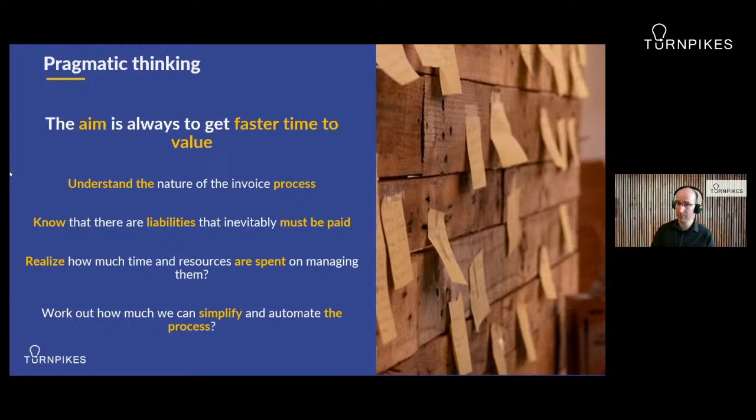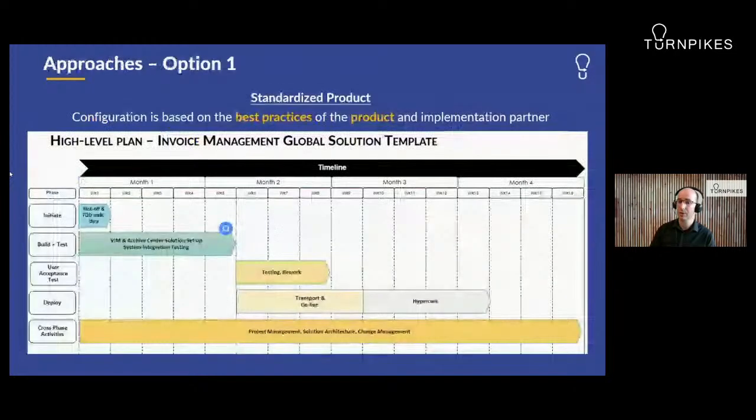So if we talk about the implementation approaches, in general, we have two options that we are considering. Of course, there can be some mix in between, but these are the two, let's say, opposed options. The first option is basically the standardized product.